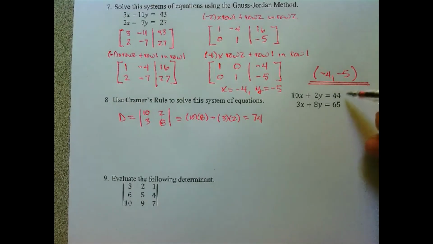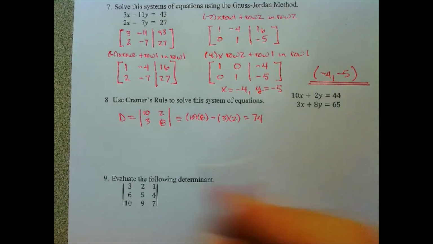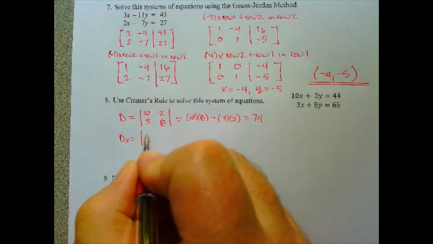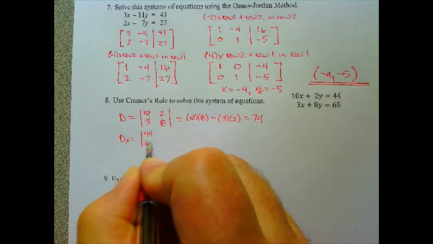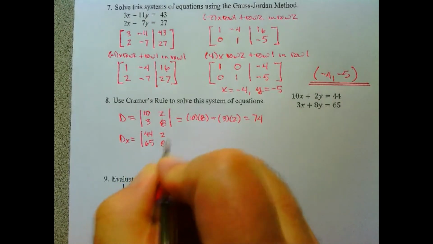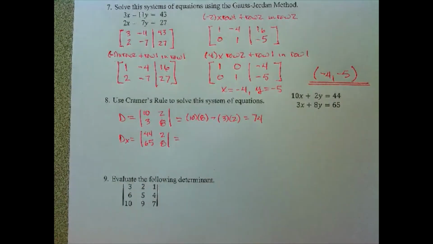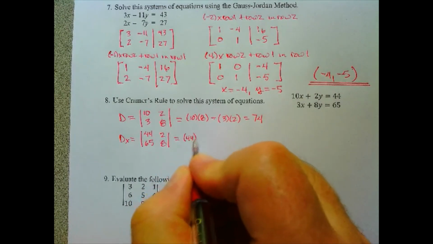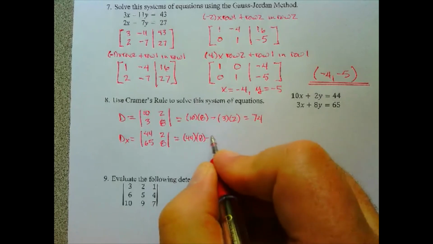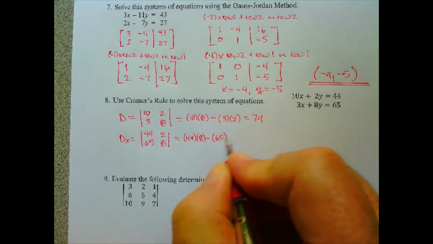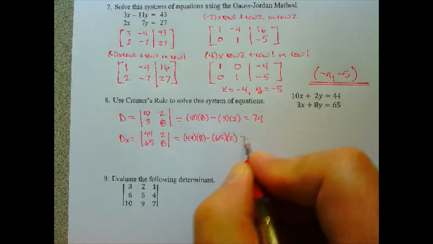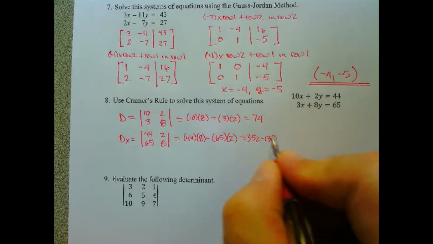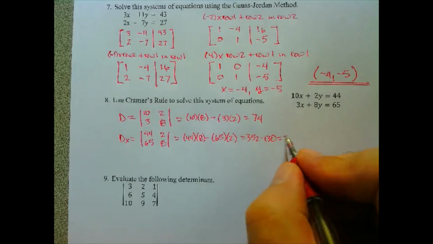Now we're going to take the 44 and the 65 and replace the x's. So Dx, 44, 65, still have the 2 and the 8. And so here we'll have 44 times 8, subtract 65 times 2, which is 352, subtract 130, which is 222.